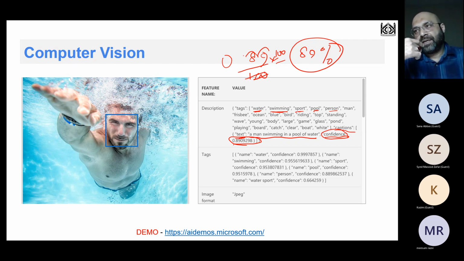So the computer is telling us, if you remember, I think in the last class or the previous one we discussed, you can always go and refer to it, how the confidence level gets calculated. The confidence is the computer's confidence that, for the picture you are showing me, I am 89% confident that it is a man swimming in a pool.